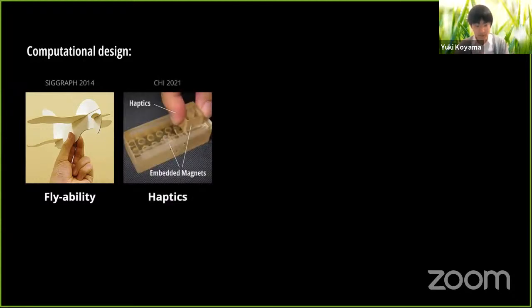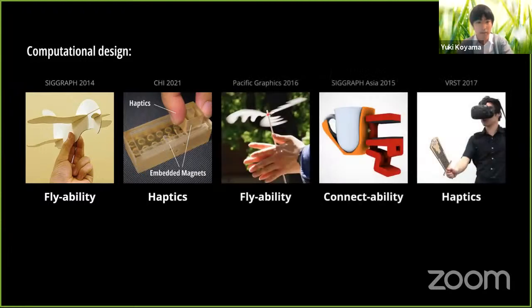And this recent work is about designing haptic force feedback by embedding magnets into fabricated objects. So in this work, we formulated an optimization problem to search for optimal magnet positions and orientations that can reproduce target haptic force feedback. And I have worked on some other projects like this.